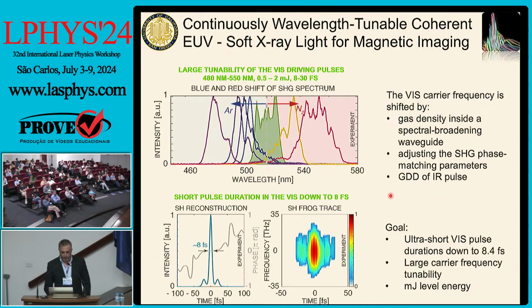So with such a scheme, we can have the second harmonic of, let's say, ytterbium, which is tunable between 470 nanometers and 580 nanometers. This gives us already full tunability of this visible driver.